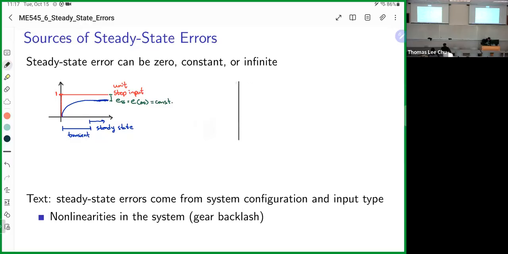So if I were to have a ramp input, my ramp input is linear with respect to time. We might want to have an output that looks like this.